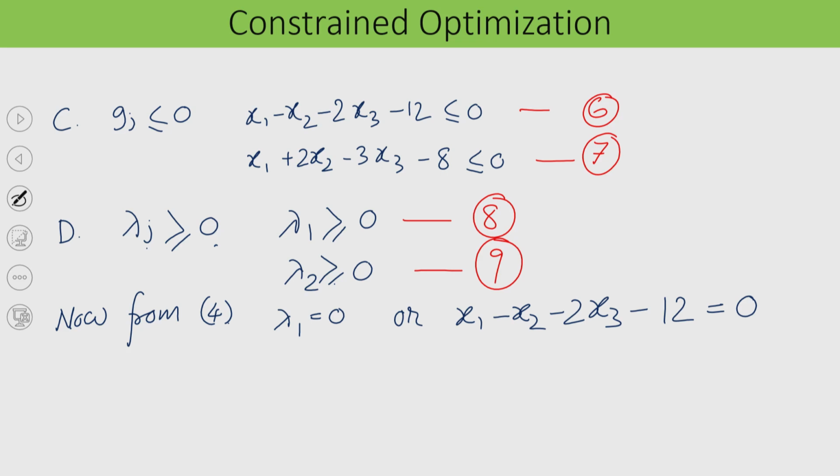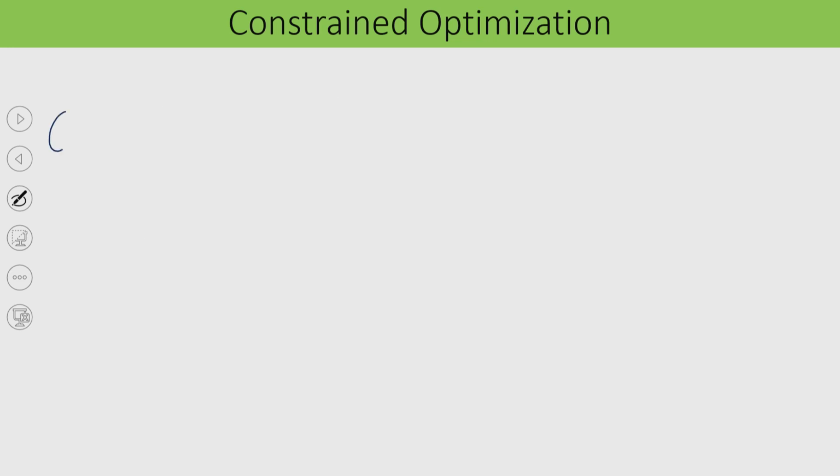So, from equation 4 we are getting two conditions: either lambda 1 is 0 or x 1 minus x 2 minus twice x 3 minus 12 is 0. Let us take case 1, that lambda 1 equal to 0.